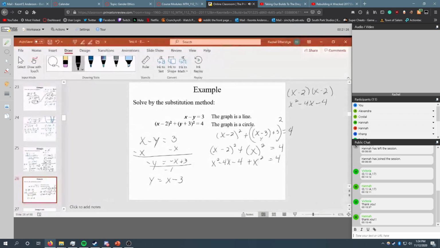So again, I'm going to have quadratics. So I have 2x squared plus 4x minus 4. So I need to get this equal to 0 again.